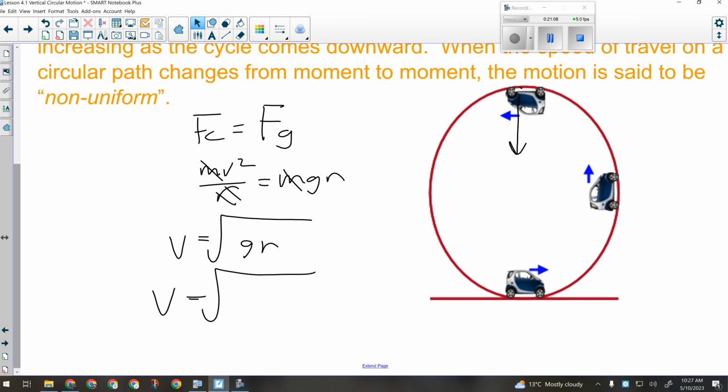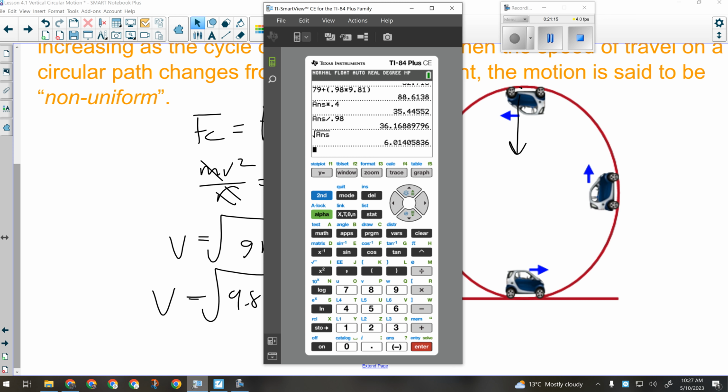So we'd say v equals the square root of 9.81 times 2.5 meters as the radius of the circle. So 4.95 meters per second.